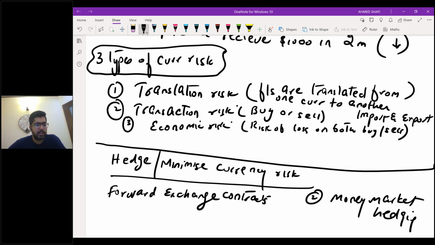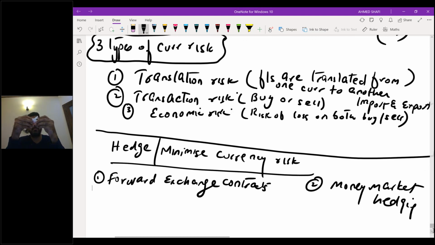There are other techniques as well, but these are the two most commonly used. In a forward exchange contract, we fix the forward rate, and money market hedging involves some heavy calculations which we will be discussing shortly.